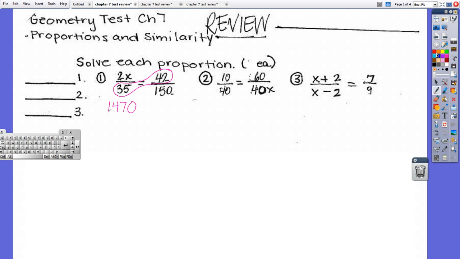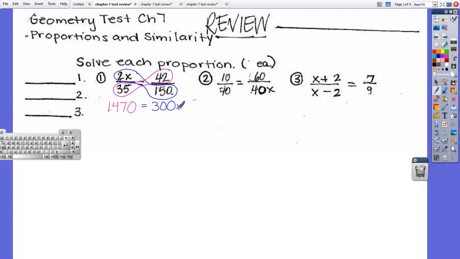And now I'm going to multiply 2x times 150. Okay, and I'm going to write it down below here. 2 times 150 is 300. So we have 300x.